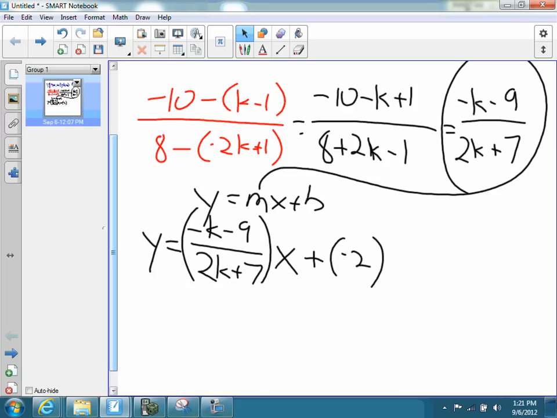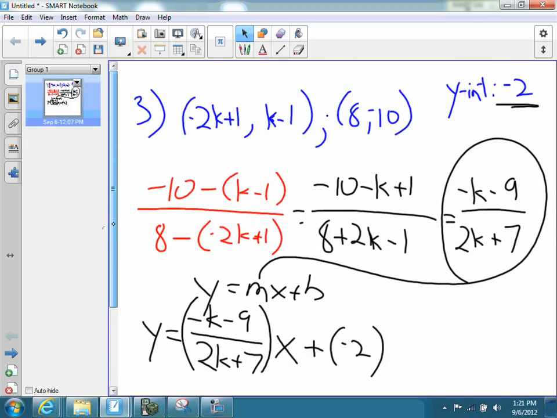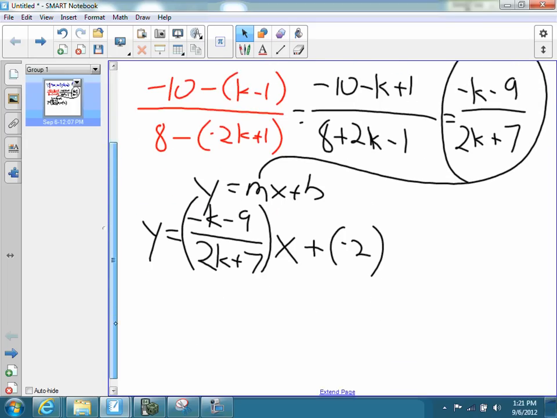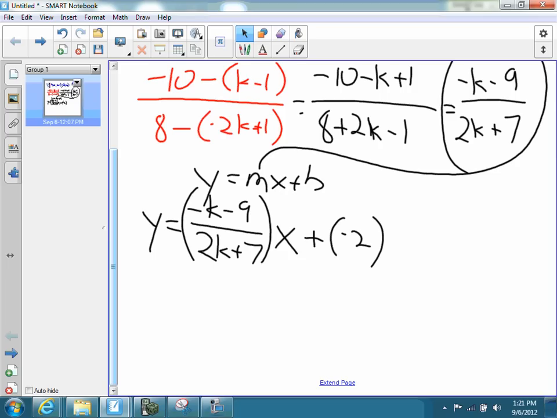If I had a graph, I'd have a y-intercept point right there, (0, -2), and another point (8, -10). I can figure out a numeric answer for the slope here, can't I? So, what did you get?